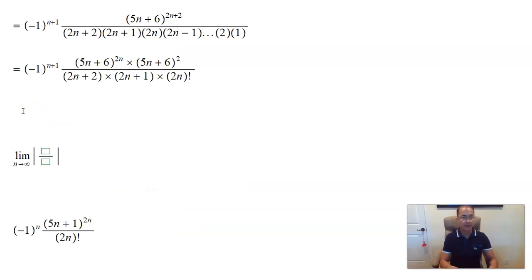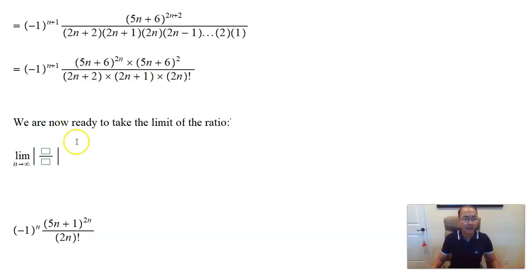All right, so we are now ready to take the limit of the ratio, absolute value, of course. So this is our a(n+1). This is our a(n). I just copied it from the original series, of course. Remember what I said.